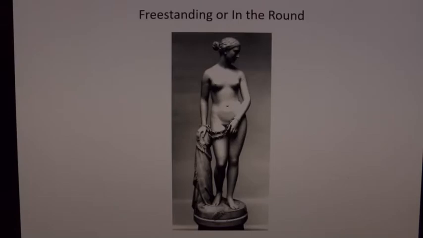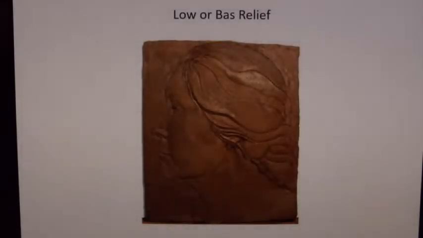But there's also another type of sculpture, and it's called relief sculpture. It's meant to be viewed from one side only and projects from a background. All right, so it either can be low relief or high relief. Low, or bas relief, that's the artistic term for it, projects very slightly.